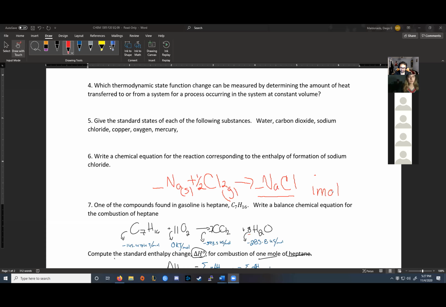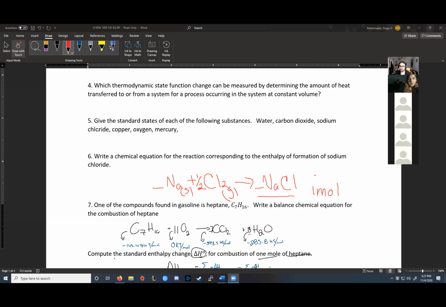So the reason that our chlorine has the 2 is because chlorine is part of those diatomic particles, as long as it's in a gaseous state. Any other questions? No? Okay, cool.